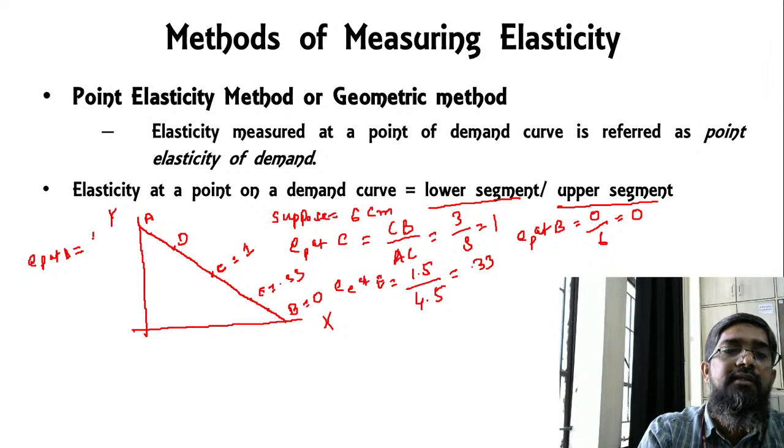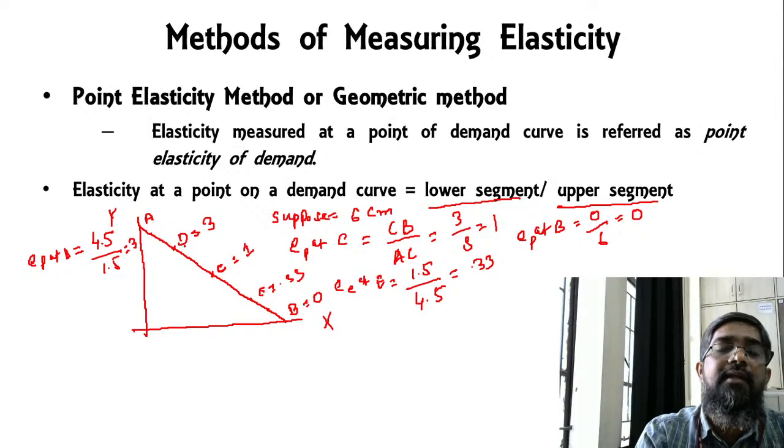So lower segment is 4.5 and upper segment is 1.5. So your elasticity will be 3. At point D it will be equal to 3, that is greater than 1, whereas at point A your elasticity will be equal to infinity.